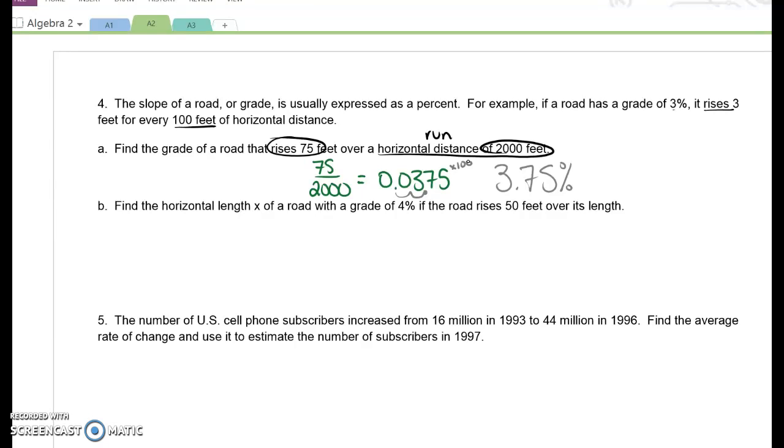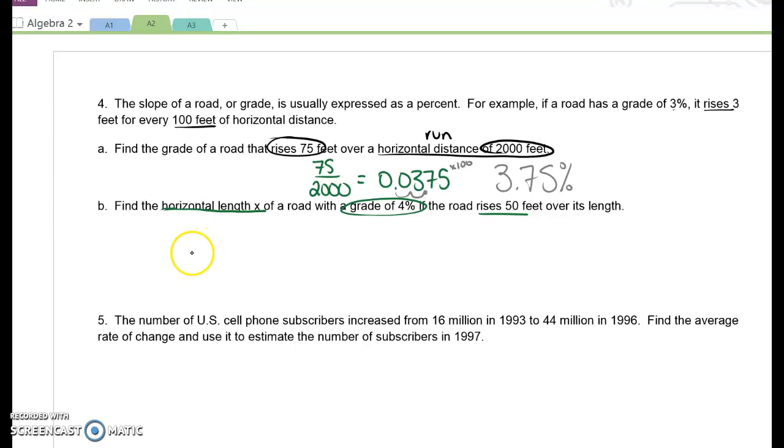In example B, they're asking you to analyze and use this information. So find the horizontal length x of a road with a grade of 4% if the road rises 50 feet over its length. We have unknown information here.